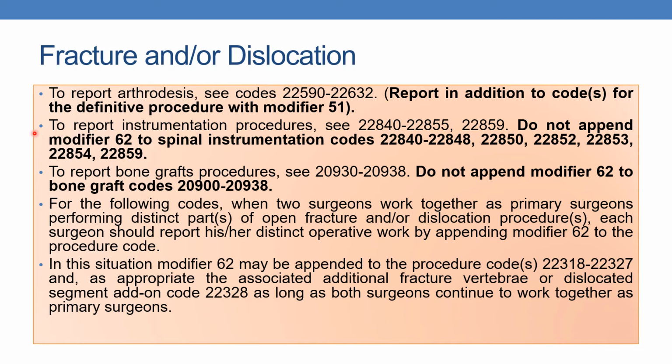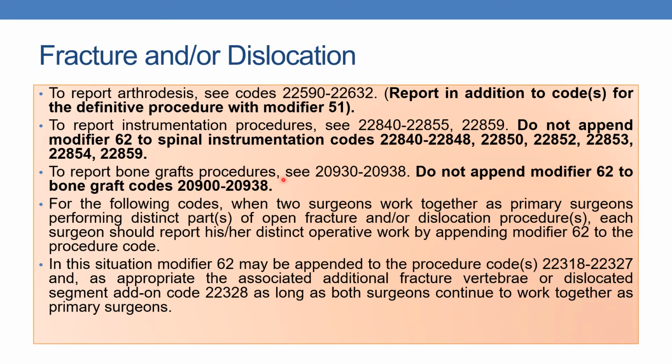Do not append modifier 62 for spinal instrumentation codes which are in the range 22840 to 22848, and for 22850, 22852, 22853, 22854 and 22859. All these spinal instrumentation codes, whenever they are performed, you should not append modifier 62.